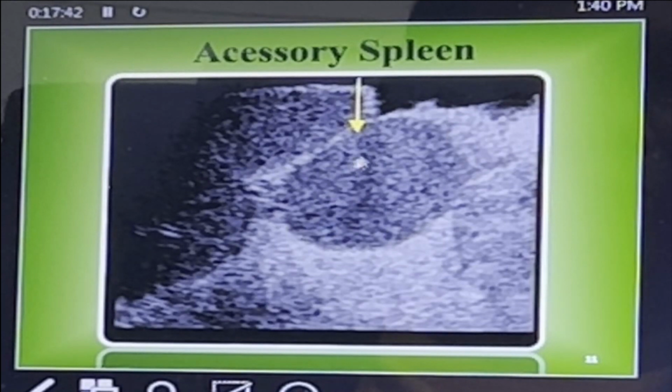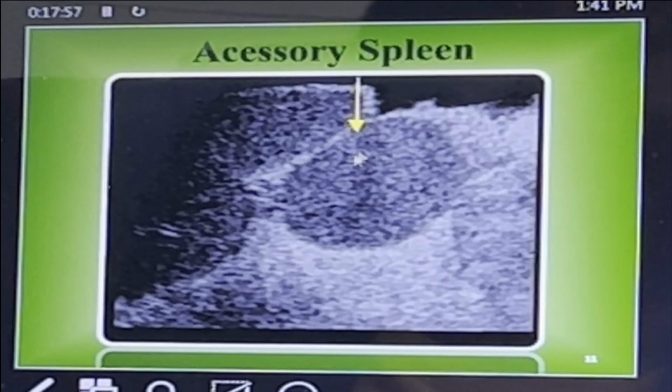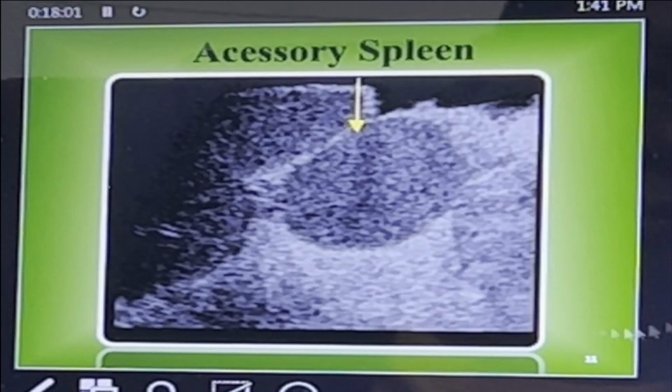It is a round, oval mass commonly near the hilum, with structure similar to the spleen. It may be solitary or may be multiple.